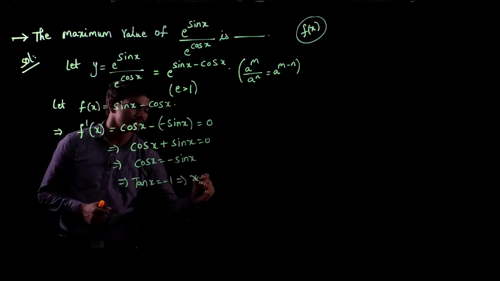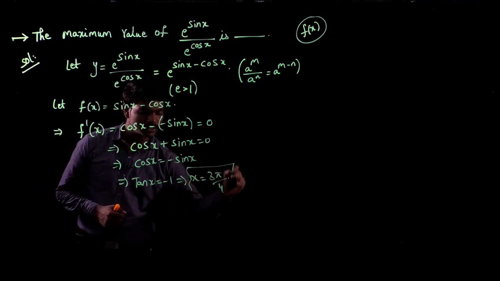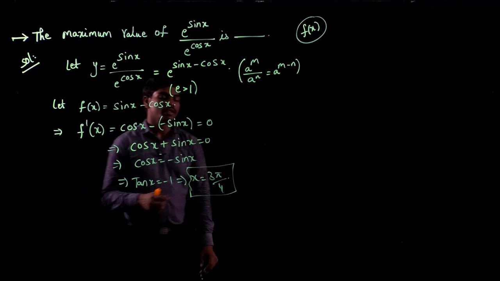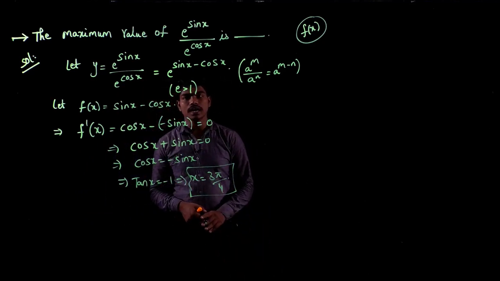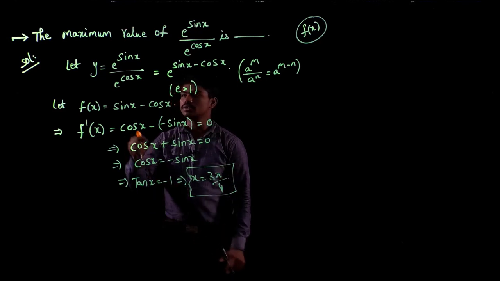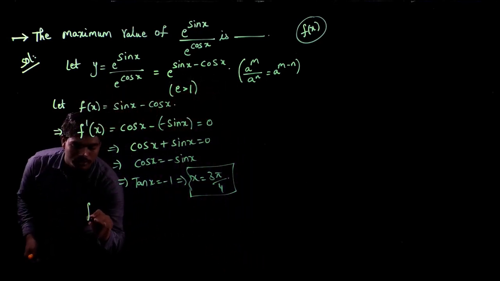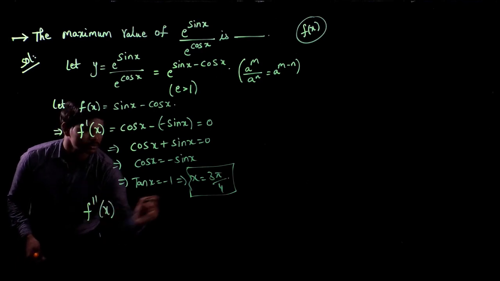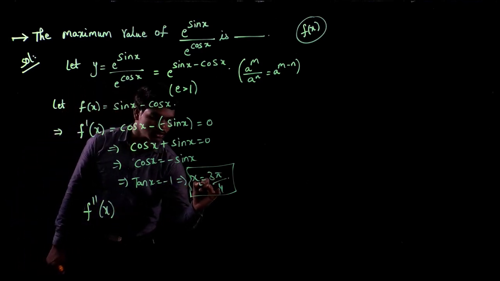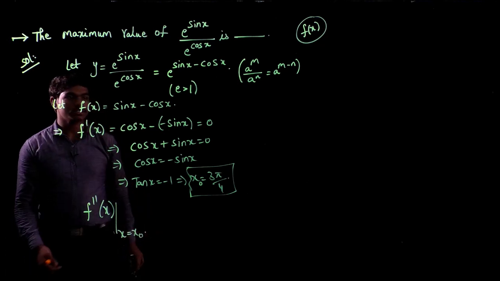So this implies x is equal to 3 pi by 4, because basically it is pi minus pi by 4. Now see here, x is equal to 3 pi by 4 is in the second quadrant, and normally if this is the only stationary point that is obtained, we need to check with the second derivative test. Basically you need to find f double dash of x and substitute this point. Let us suppose this is x naught, and you need to check this functional value at x is equal to x naught, correct?